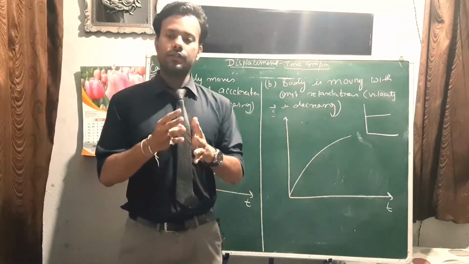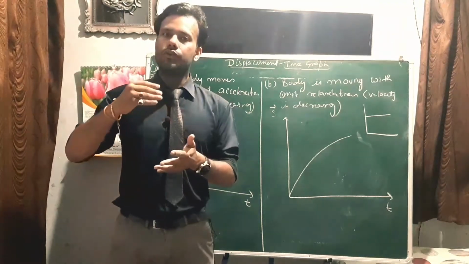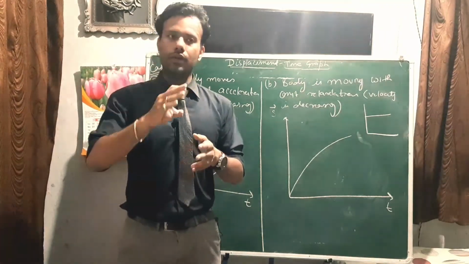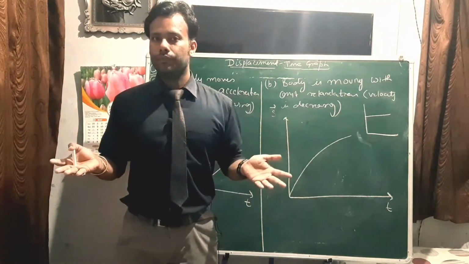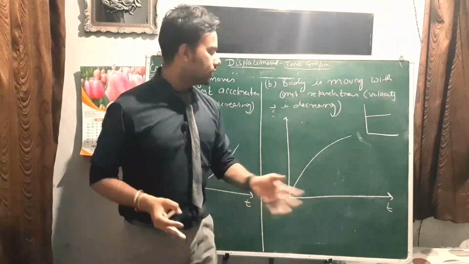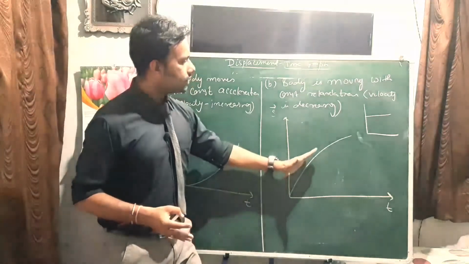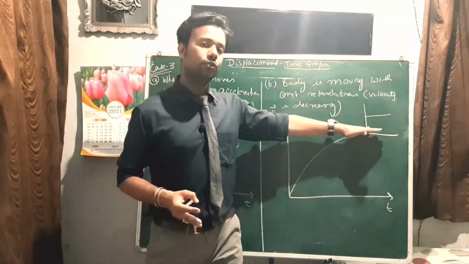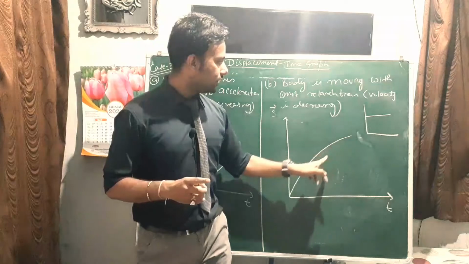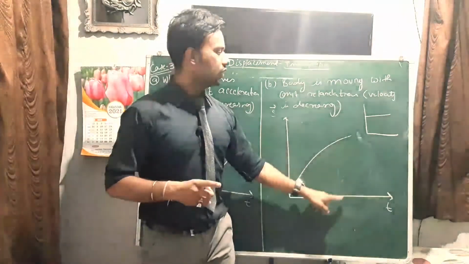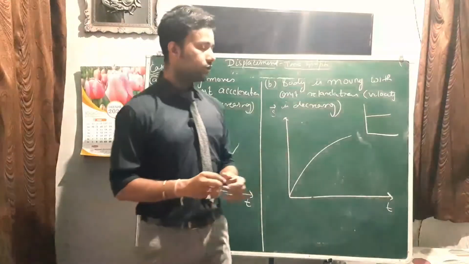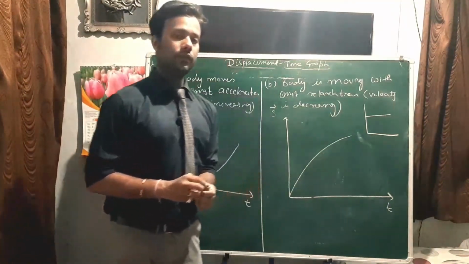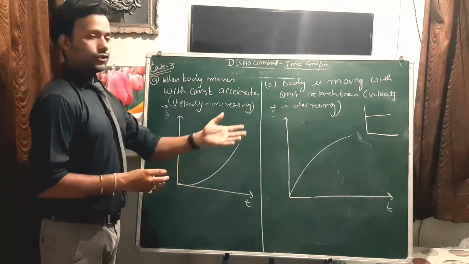Because if a body is moving with some constant retardation, obviously one time will come after which the velocity of the body becomes zero. That means the body will come to rest. You can see this graph is actually going to that condition. The graph is becoming parallel to the time axis, right? So that's how you can find this graph.